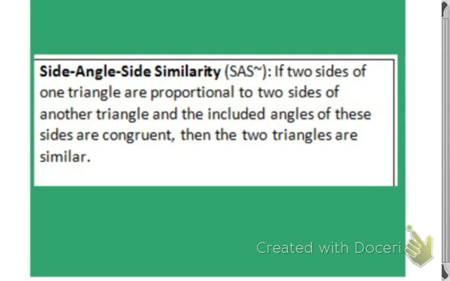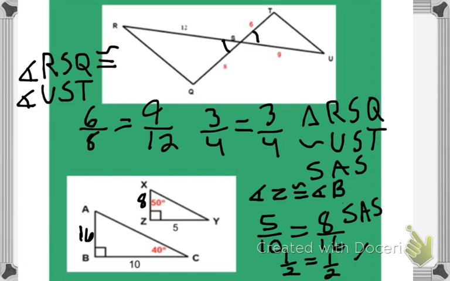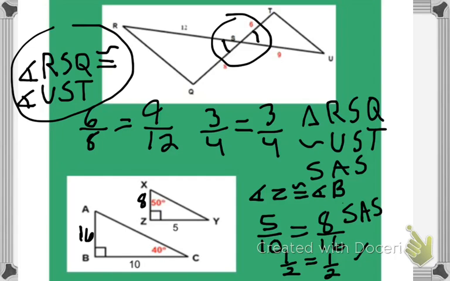Alright, side angle side. If two sides of one triangle are proportional to two sides of another triangle, and the included angles of these sides are congruent, then the two triangles are similar. So if you look right here, notice we have two vertical angles in this one, which shows that they are congruent. So we know that angle RST and angle VST are both congruent angles.